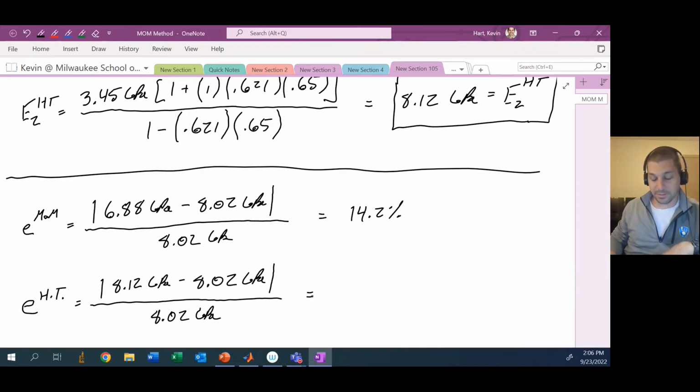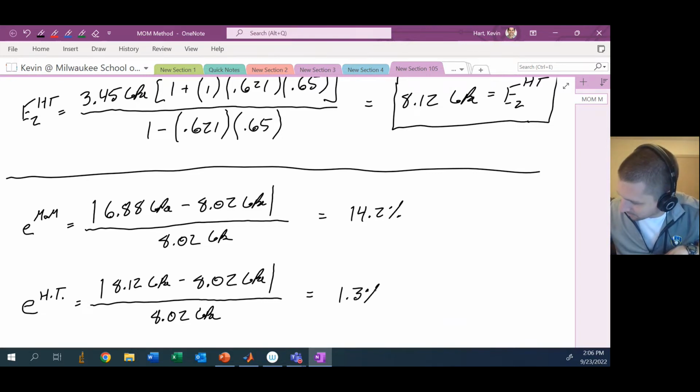And here we'll have a significantly less error associated with this. We're going to get 1.3% error according to the Halpin-Tsai calculation. So you can see in this one particular example, Halpin-Tsai is much more precise.